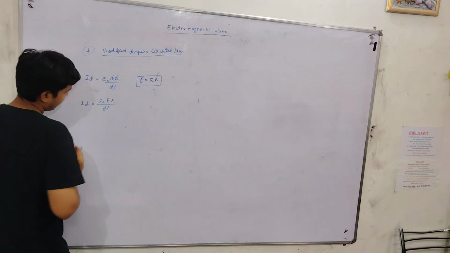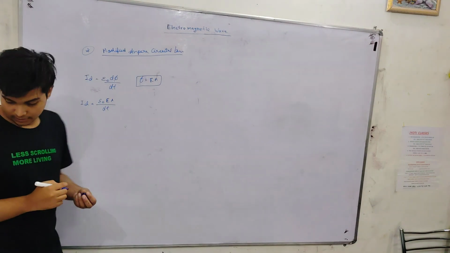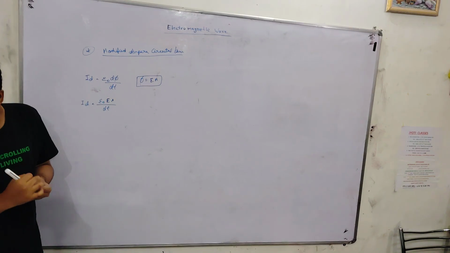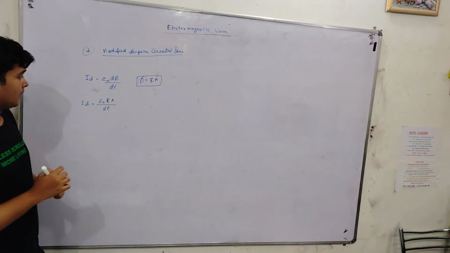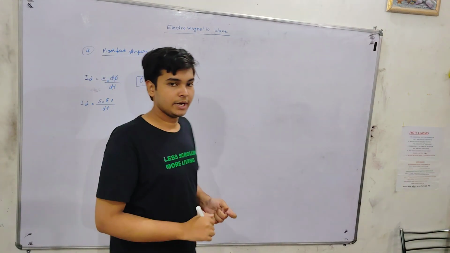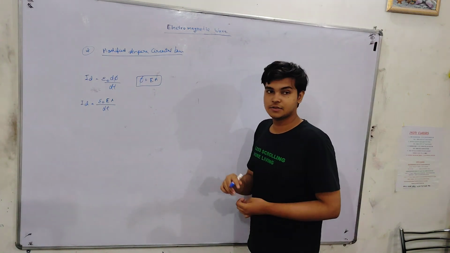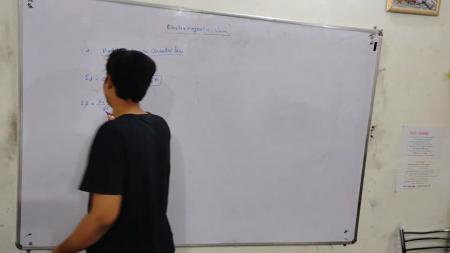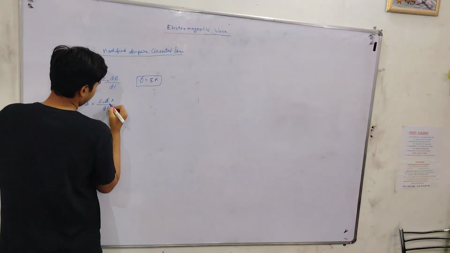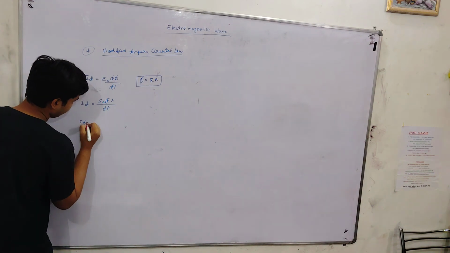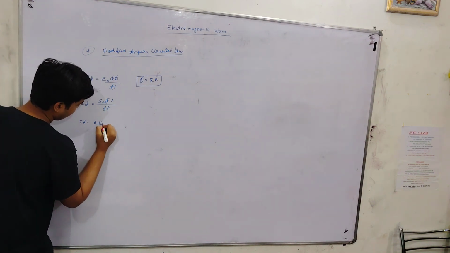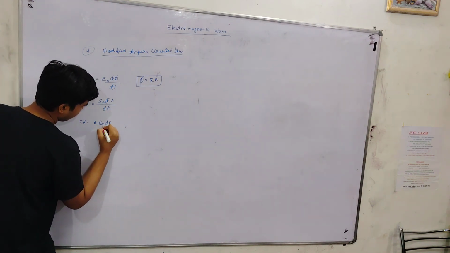Displacement current can be written like this, from one formula to another. A is constant, and we know that the constant comes out of the differentiation. So here the displacement current will be equal to A ε0 dE/dt.